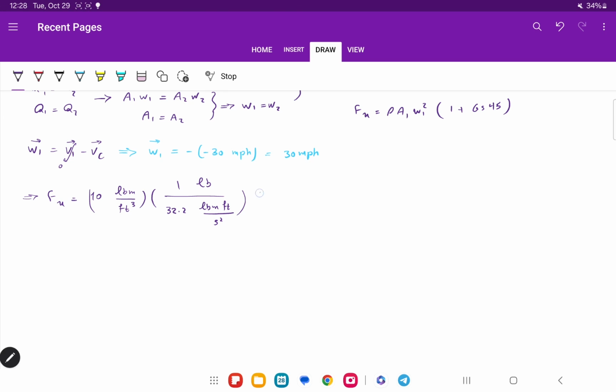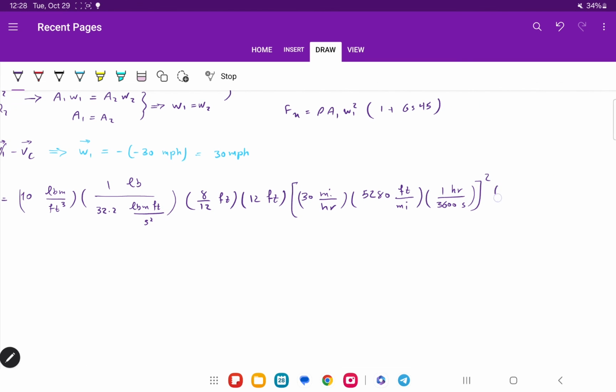So 8 over 12 feet, and the width is 12 feet. W1, we found it. It's 30 miles per hour. We should convert it. Every 5,280 feet is 1 mile, and every 1 hour is 3,600 seconds, square, times 1 plus cosine of 45.